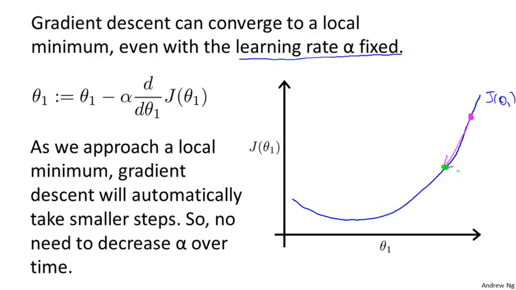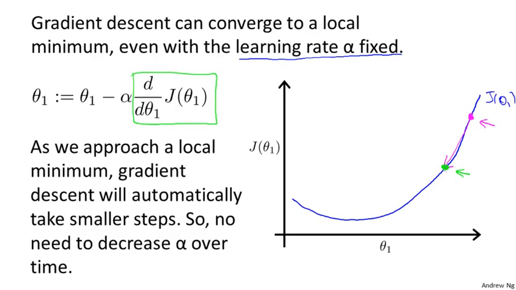notice that my derivative, meaning the slope, is less steep at the green point than compared to at the magenta point out there, right? Because as I approach the minimum, my derivative gets closer and closer to 0. So after one step of gradient descent, my new derivative is a little bit smaller.